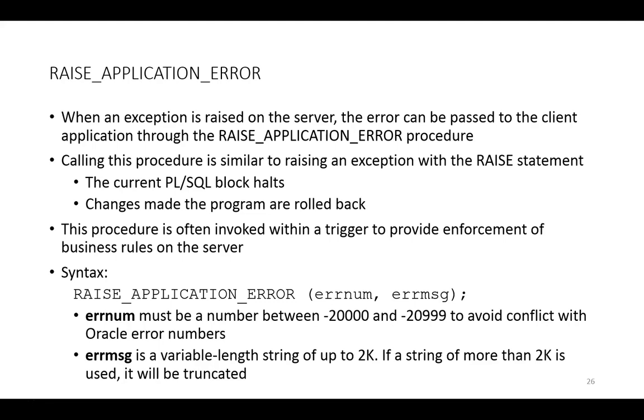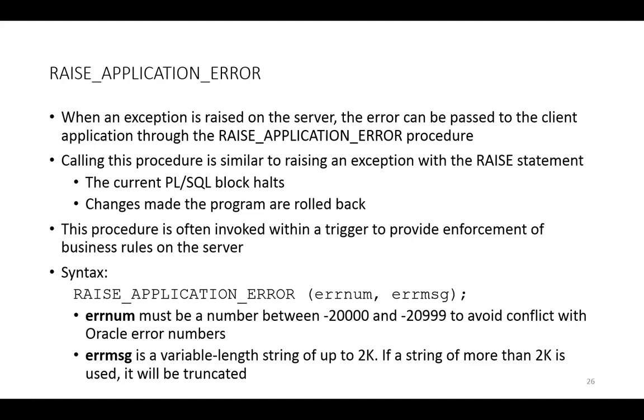The current PL/SQL block, in this case the trigger body, will halt execution. Changes made by that processing will be rolled back. And this also includes aborting the DML operation that caused the trigger to fire.